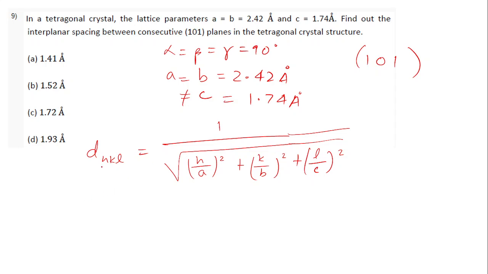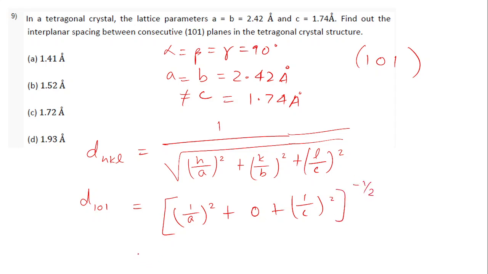Okay, now HKL plane is 101, means D101. Here h is 1, so 1 by A square plus k is 0, L is 1, so 1 by C square, raised to minus half, right? Because it's 1 by root 2.